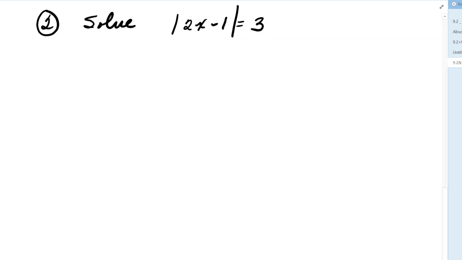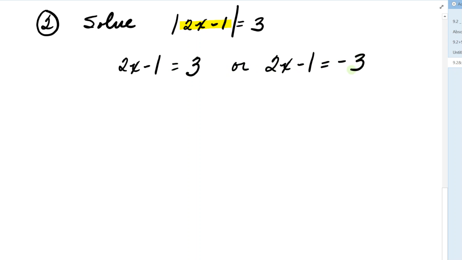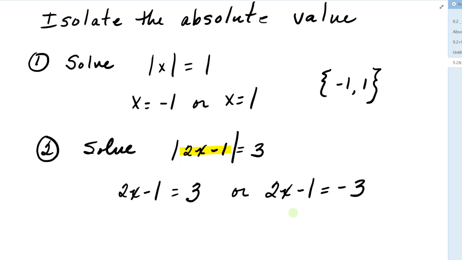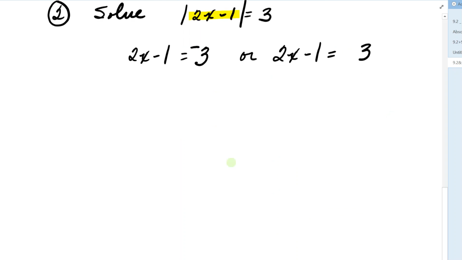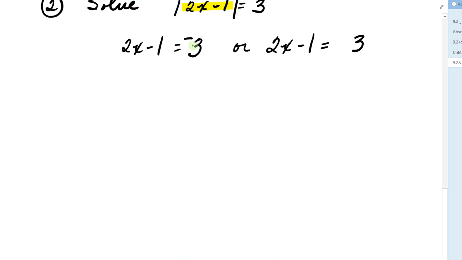So I know that what I have inside the absolute value, 2x minus 1, is either positive 3 or 2x minus 1 is negative 3. And see, I've done them opposite. Last time I put the negative first. I think I should be more consistent. So let me start some consistency here. It is negative 3 or positive 3. So from now on, I'm going to do the negative first.